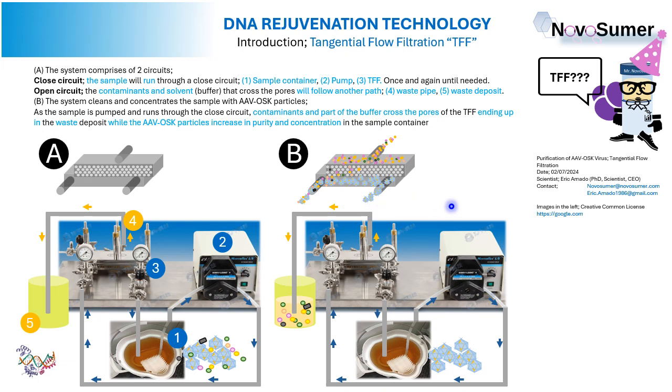This cycle is repeated many times, once and again, and as it happens, you see EVOs is cleaning more and more, and as it is cleaned, at the same time it is concentrated. So at the end of the process, you have here EVOs very clean and very concentrated. The volume is smaller.